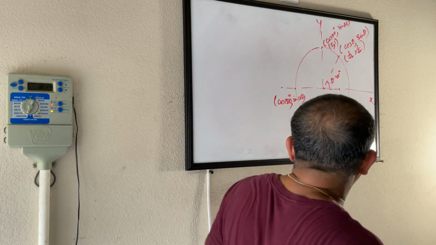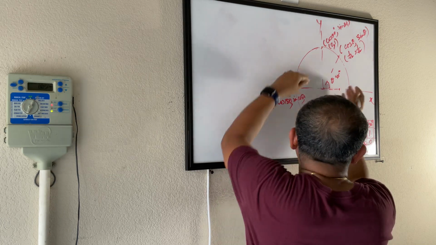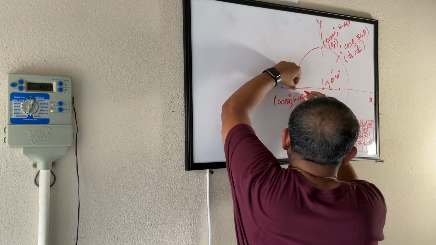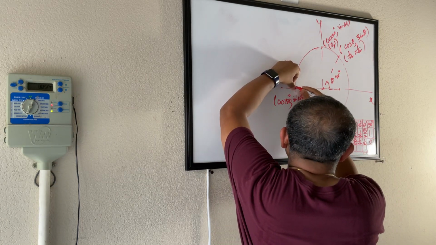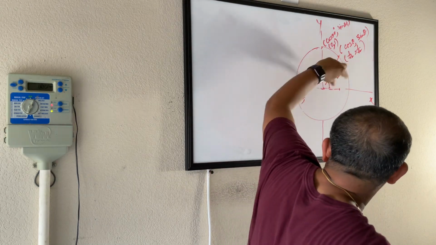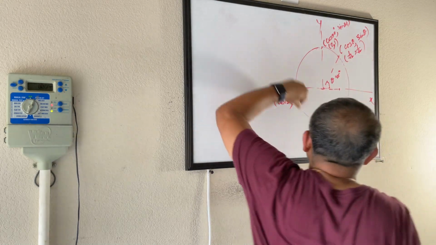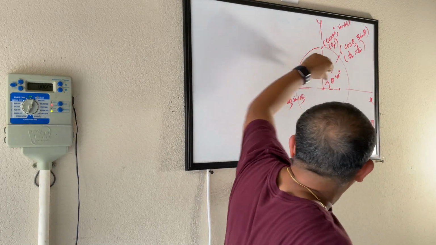Now here, when you came all the way to this place, what happened? Your y coordinate is literally 0 because there is no height here. This whole thing turned this much, so there is no height.